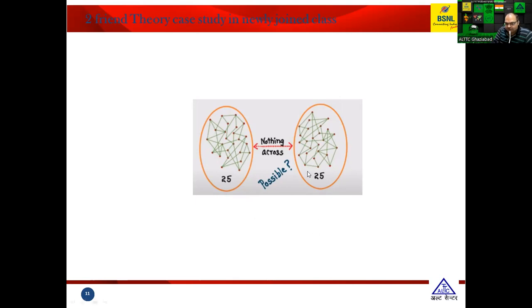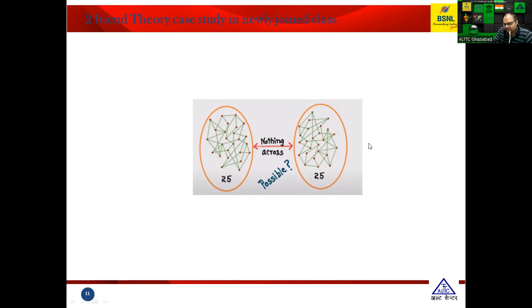Yes, there is no connection between the two groups because these are the boys, these are the girls in one classroom. They are sitting. Boys are friends, girls are friends, but they are in isolated mode. They don't want to talk, or the boys have no access to the girls.